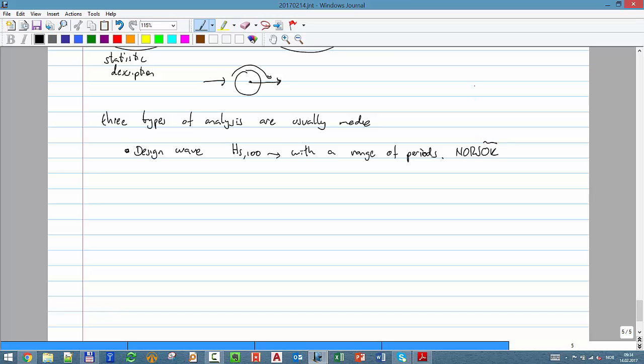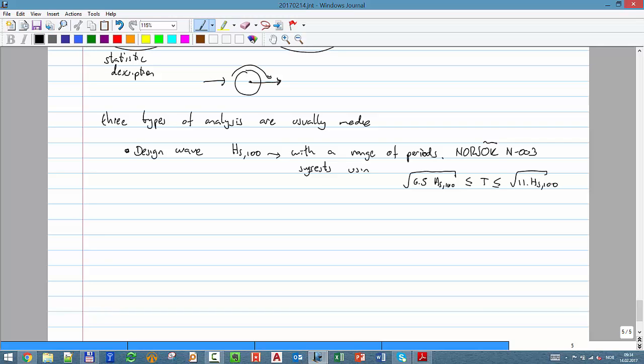NORSOK N-003 suggests using square root of 6.5 HS 100 and square root of 11 HS 100.